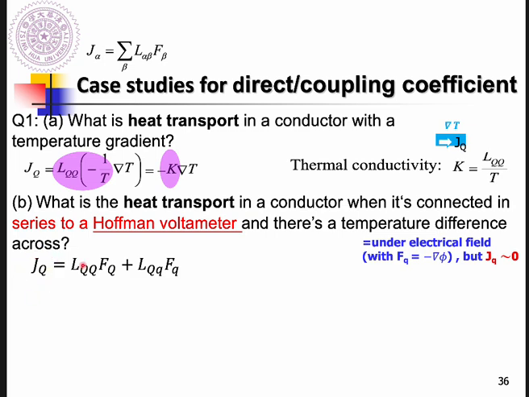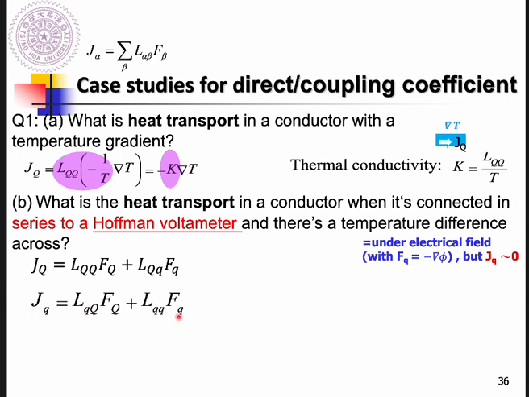The heat flux directly driven by F capital Q has coefficient L capital Q capital Q contributing on J capital Q. The other is small f small q, the electrical potential gradient, and its contribution on heat flux is L small q capital Q. The other you need to write down is current density directly driven by F small q, so we have L small q small q. And the other driving force is F capital Q, so we have F capital Q contributing on small q.